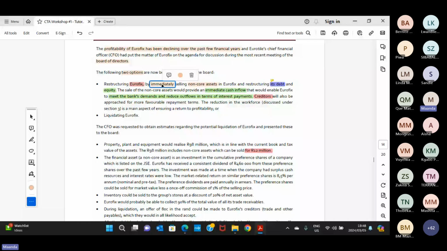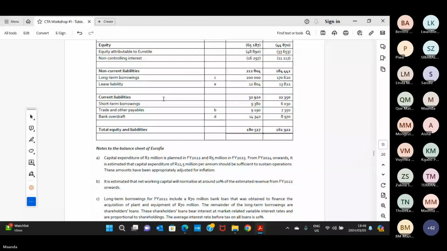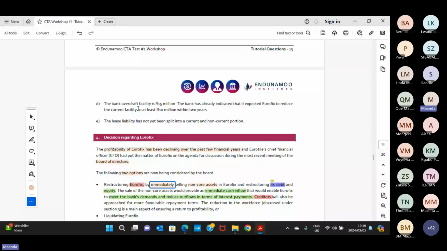since we want this money now, and we want to meet the bank's demand, right? Because we were told that the bank overdraft facility is 15 million. The bank has already indicated that it's expecting Eurofix to reduce the facility to at least 10 million within the next 2 years.